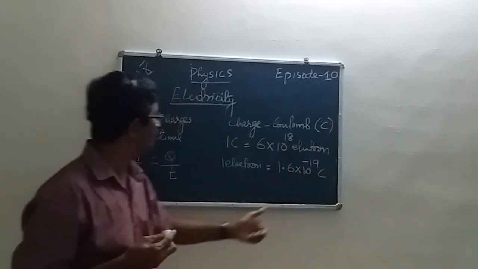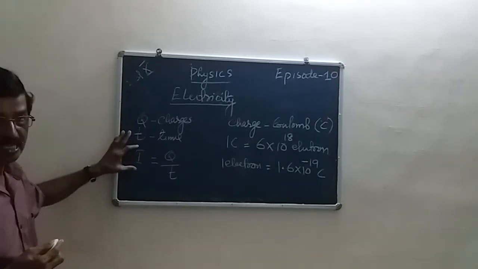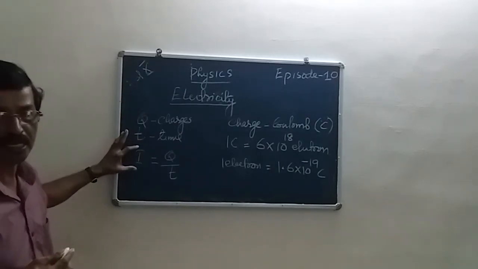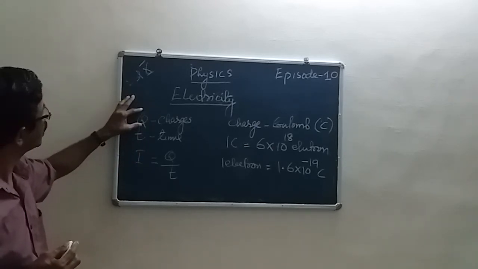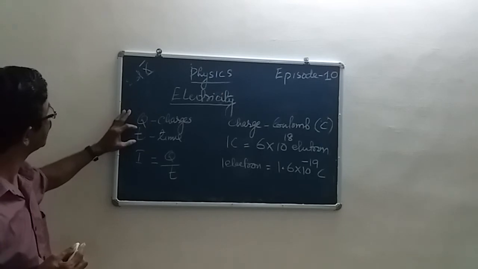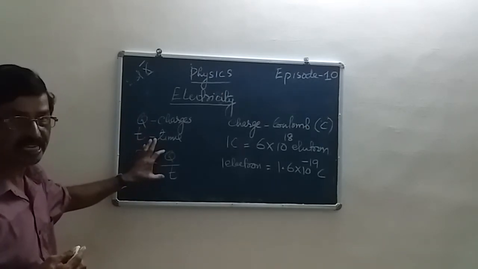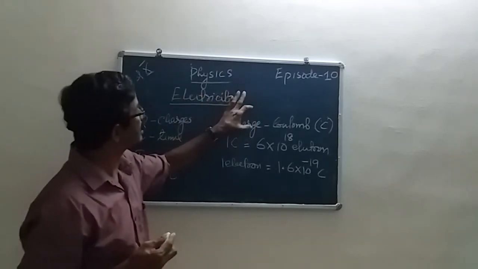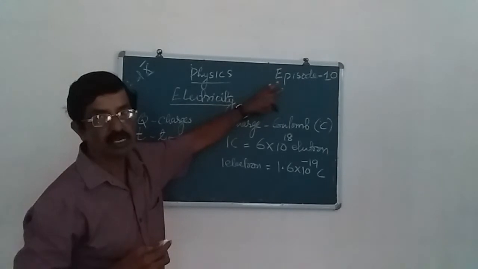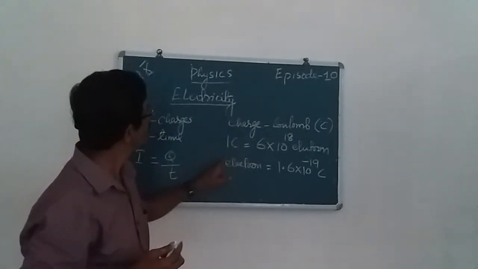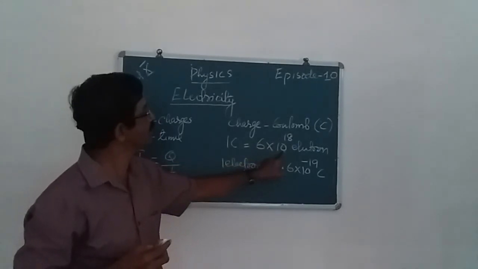Okay. Now we discuss what is electric current. The rate of flow of charges. If Q charges cross over an area in time t, electric current I is equal to Q by T. The unit of charge is coulomb. 1 coulomb is equal to the charge of 6 into 10 raised to 18 electrons.